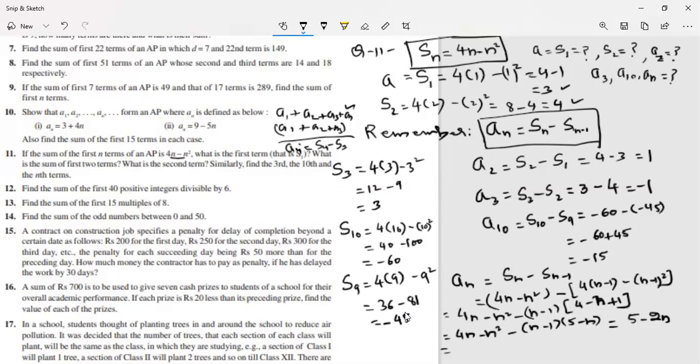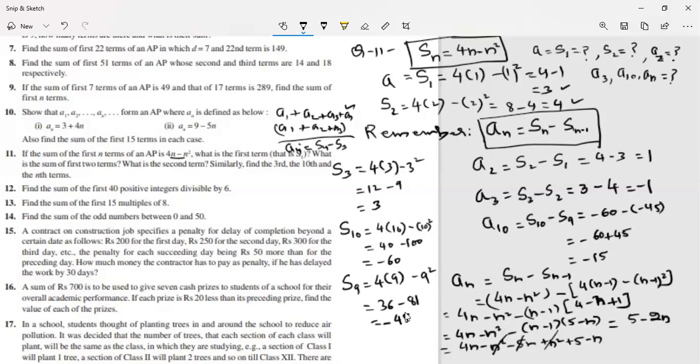Or if you want, I can do it: 5n minus n square. n into n multiply, and this minus also, minus minus plus n square, then minus minus plus 1 into 5.